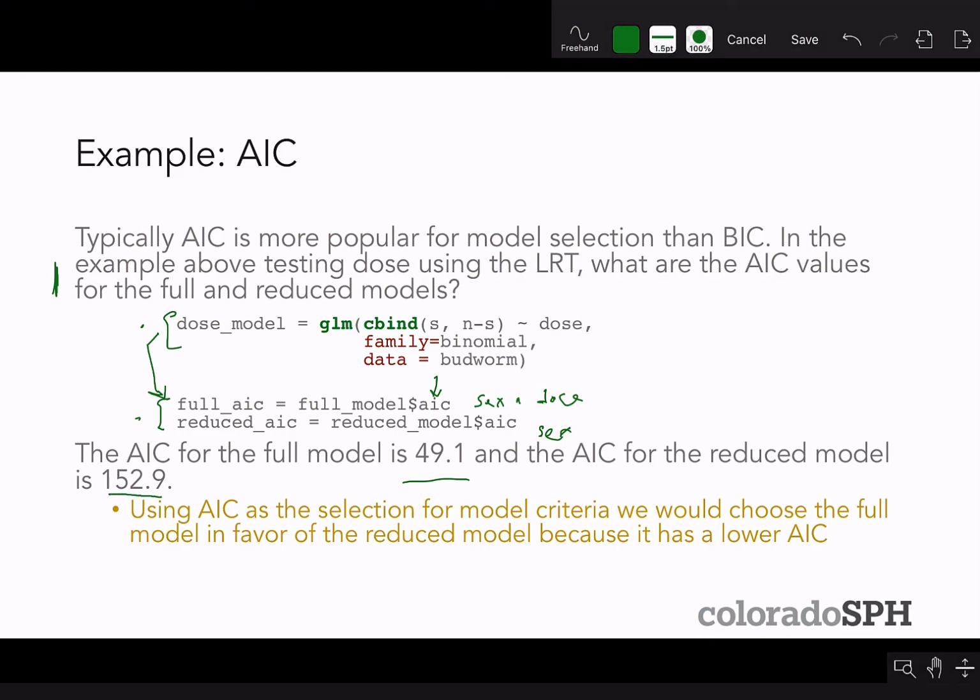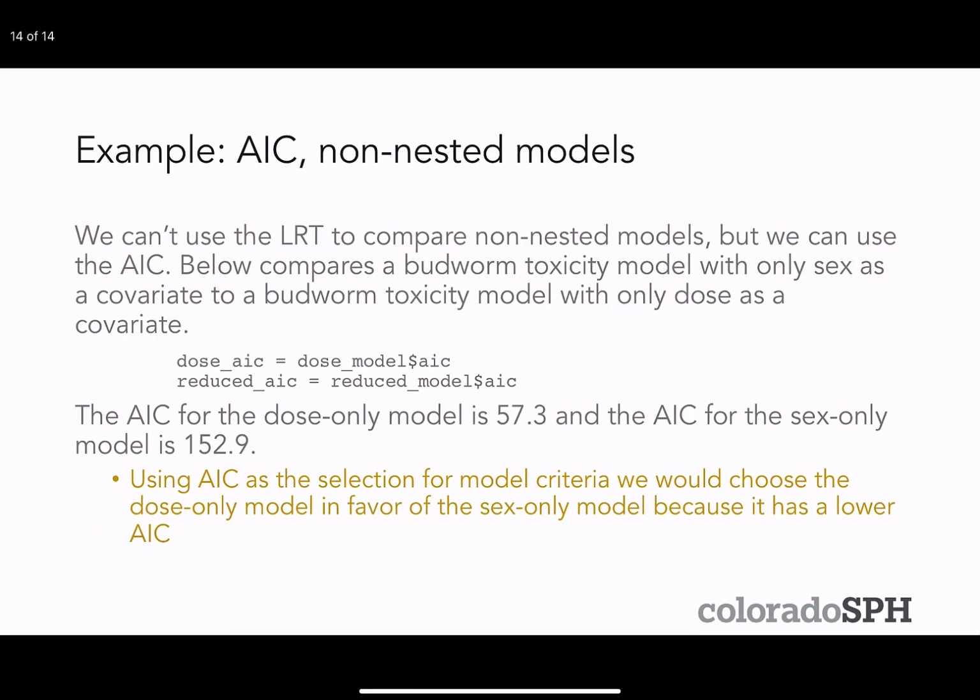And so the better model, generally speaking, is the one with the lower AIC. So using AIC as the model selection criteria, we would choose the full model in favor of the reduced model because it has a lower AIC. And this is consistent with what we found using the LRT, the likelihood ratio test.